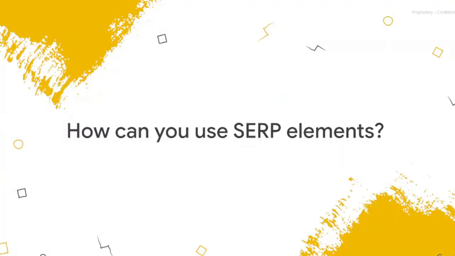So now that we've taken a look at what makes up a search engine results page and what the elements of it are, I'd like to know some of your thoughts. Which elements do you think you would target and prioritize to reach the right target audience and bring users to your app?